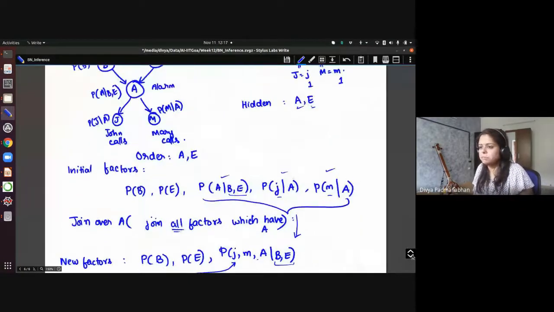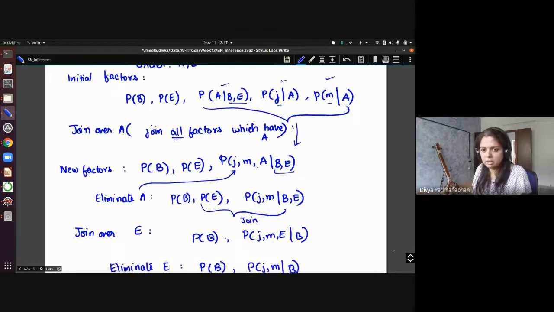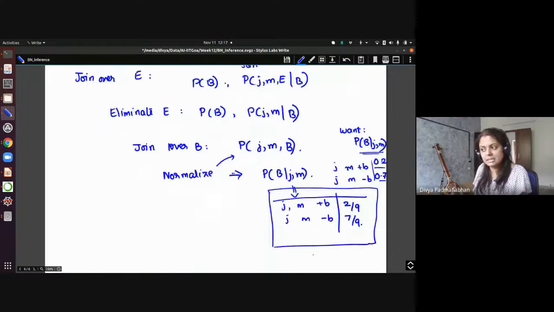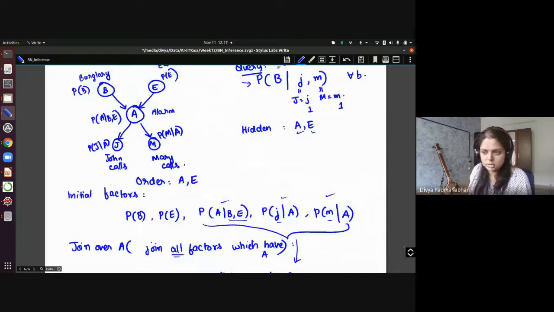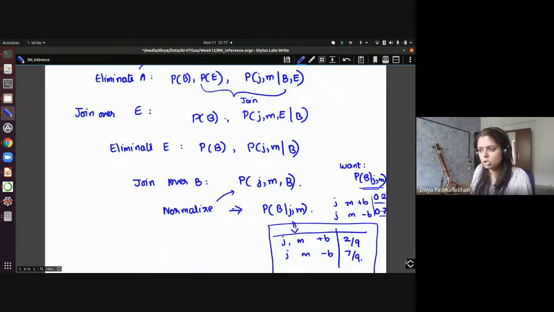You could have also done an alternate ordering, E and then A. In that case your intermediate factors would be different, but finally you would get the same table. So as homework, try out the ordering E, A.